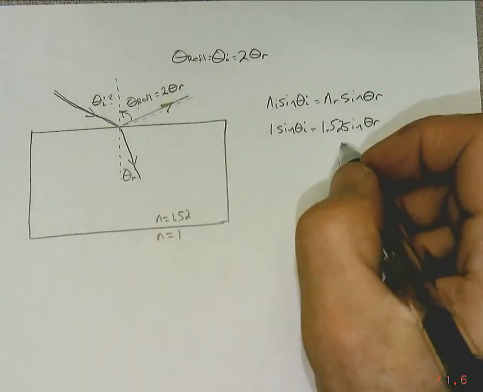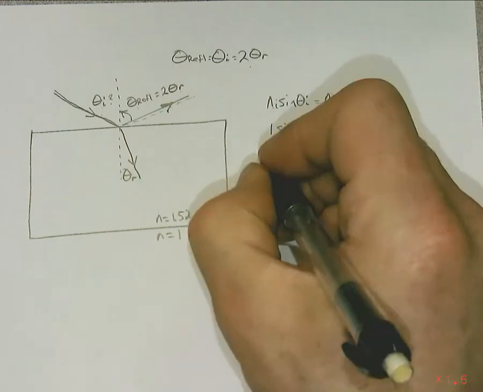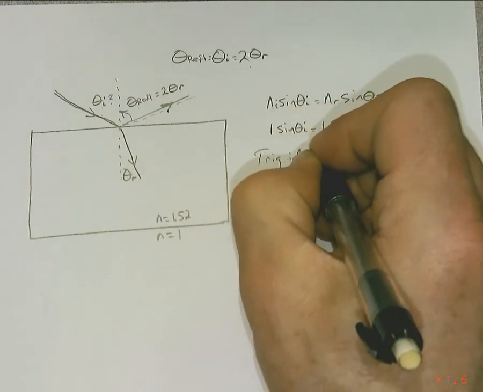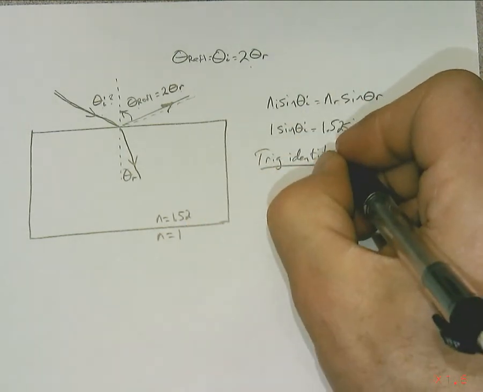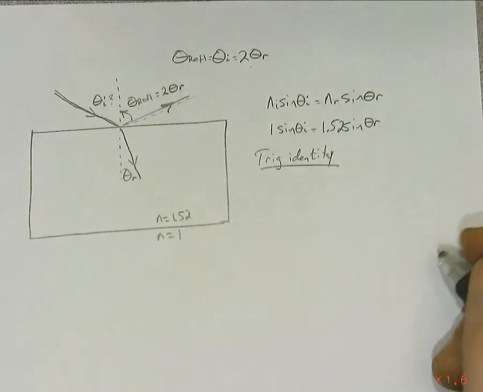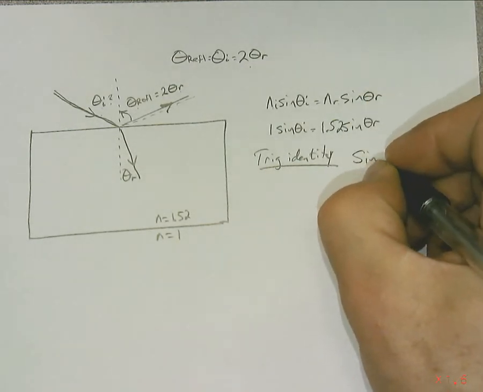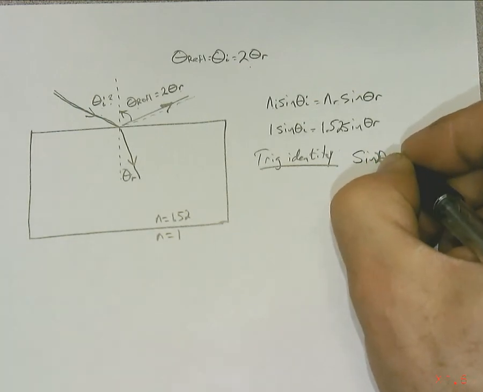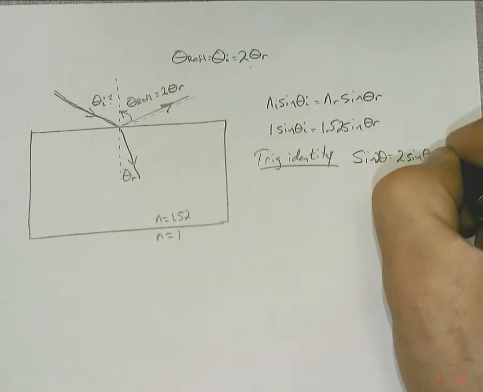And now, to figure this out, we have a trig identity. This is where you didn't know you needed to know this. Normally I'm not expecting you to. I wouldn't give you that on a test unless I gave you the trig identity, namely sine of 2 theta is equal to 2 sine of theta cosine of theta.